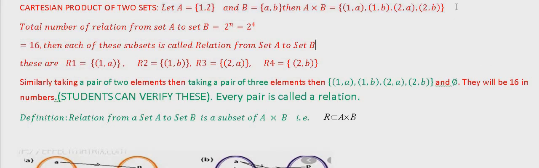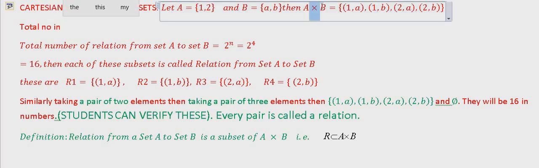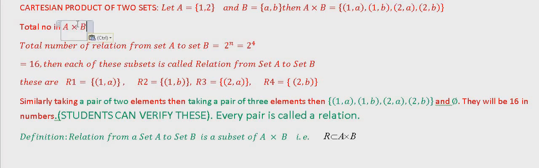If I say what is the total number of relations from A to B, then the formula is 2 raised to the power m into n, where m is the number of elements in the set A and n is the number of elements in the set B. But if I say what is the total number in A cross B, then the number in A cross B will be equal to the number in the set A multiplied by the number in the set B, and in this case they are 2 twos are 4, right?